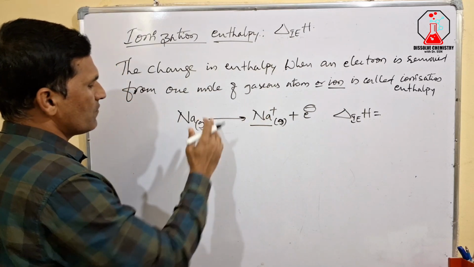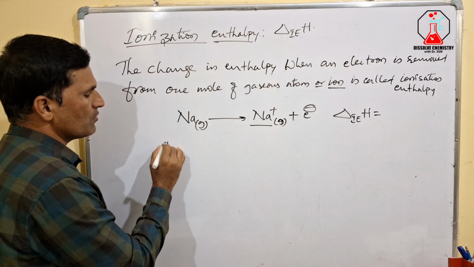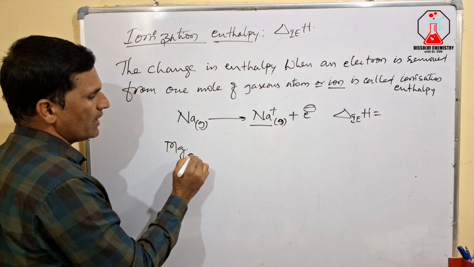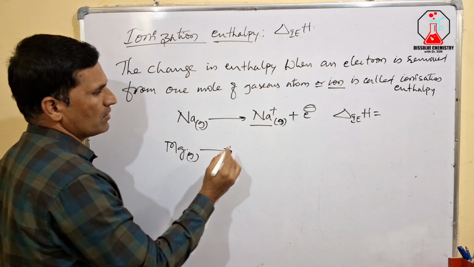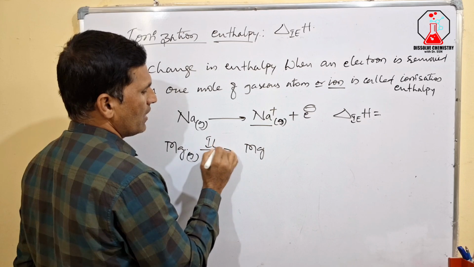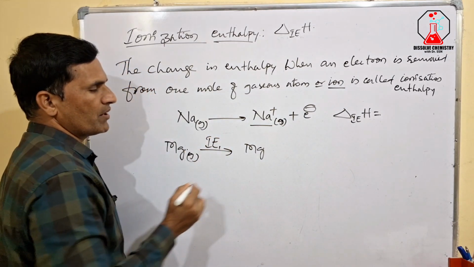For example, consider magnesium, a second group element. Removal of the first electron we call IE1, ionization enthalpy 1.